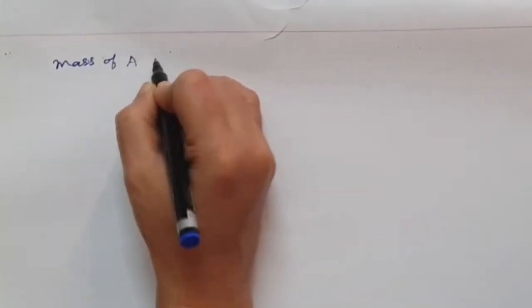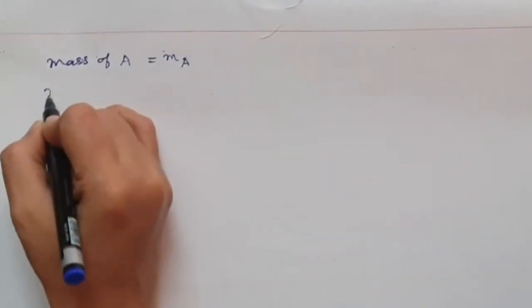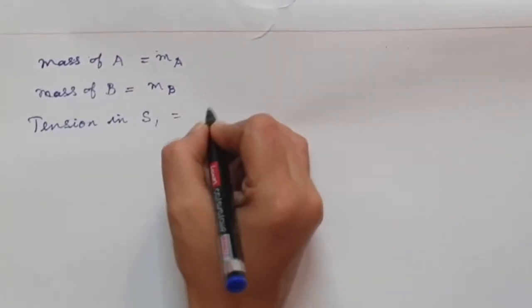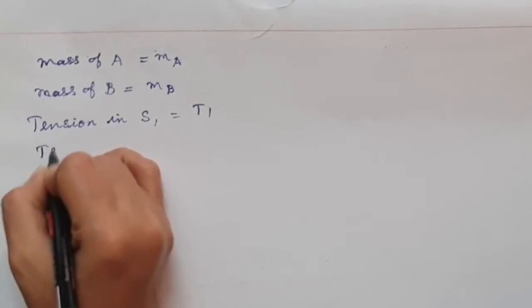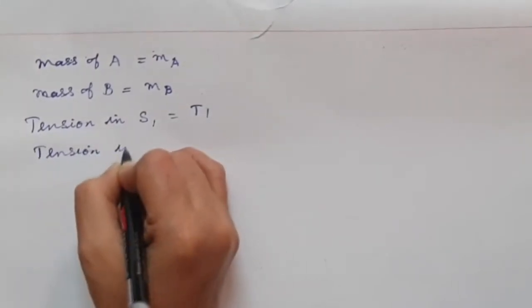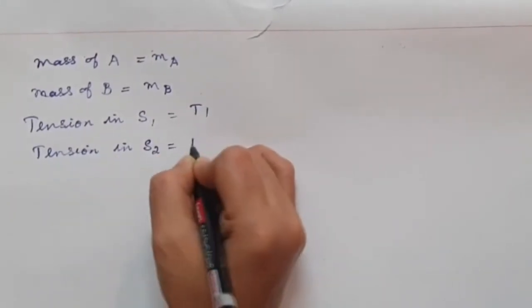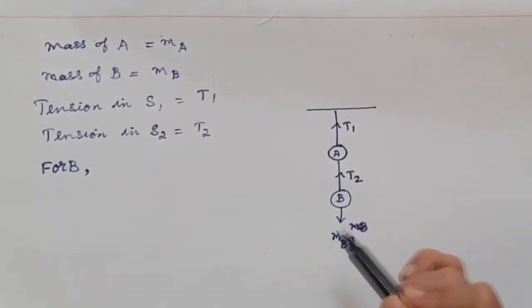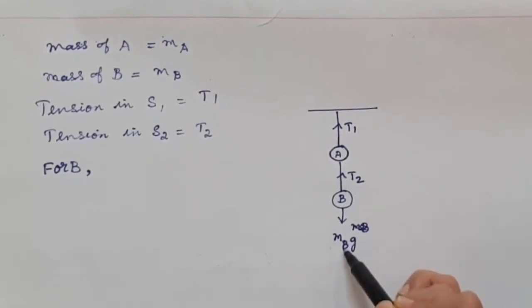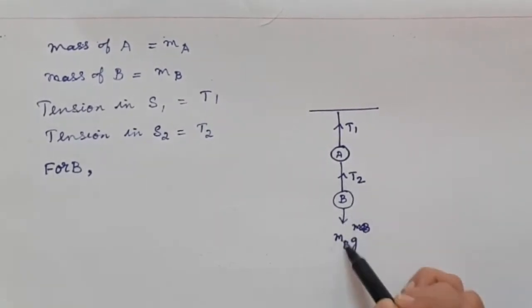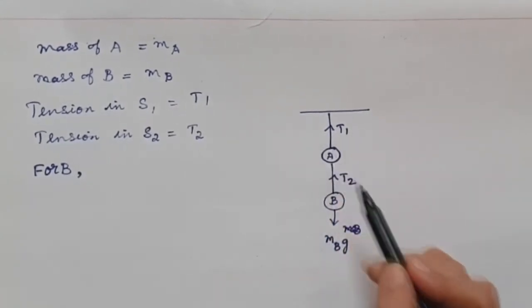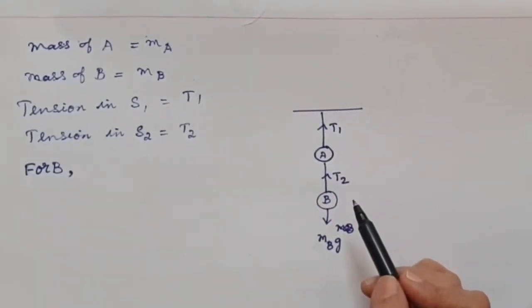Find the acceleration of the particles and the tension in S2. Assumptions: the mass of A we'll take as MA. In the same way, the tension in the string S1 will be T1 and the tension in S2 equal to T2. Now we have drawn the diagram for the forces acting on particle B. The weight MBG acts downward and the tension acts upward.